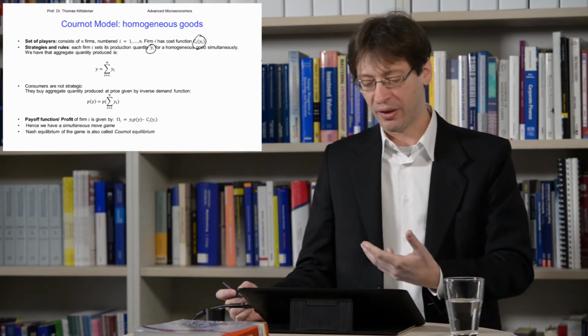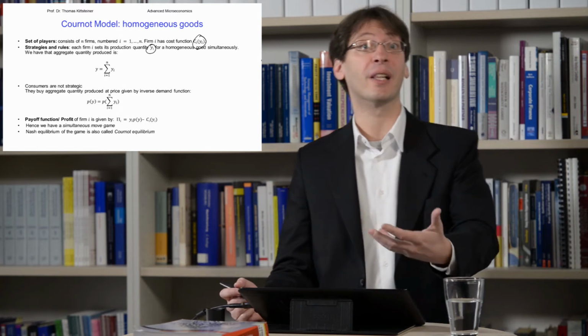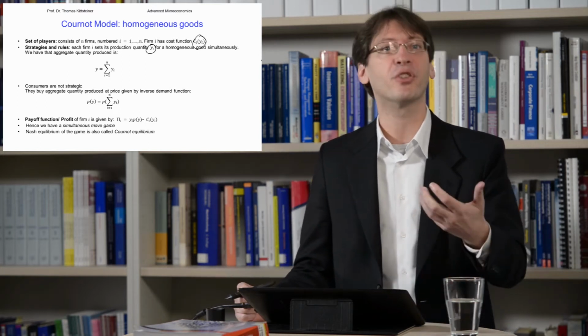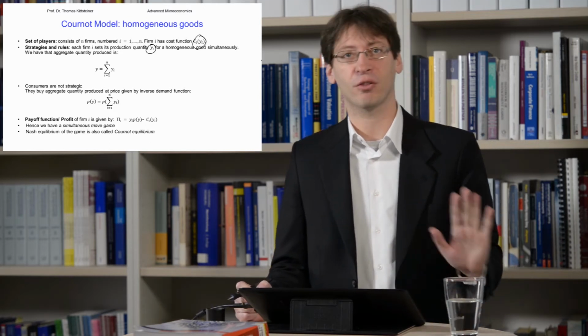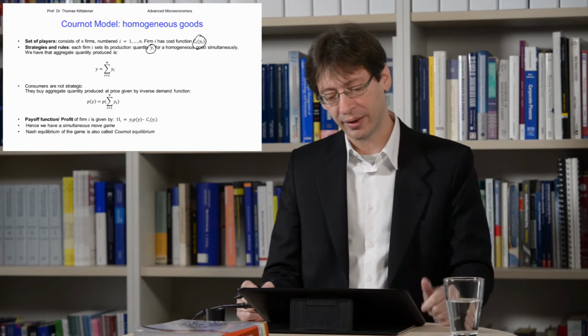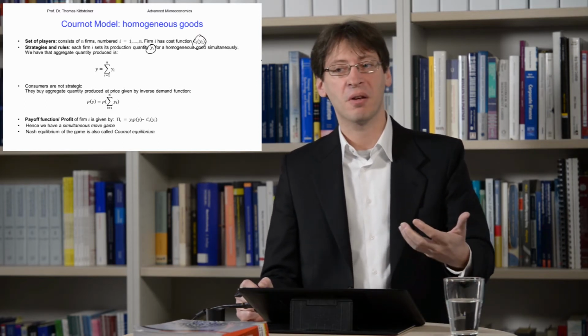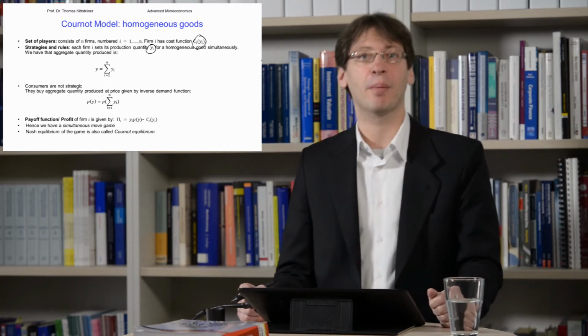You will see that this model, obviously it is a model, so it simplifies real life, but is at the heart of the problem of a firm, as we will see later, who is capacity constrained. I can't explain this right now because we need a little bit more to do that. Think of this right now as firms setting quantities, and later you will see meaningful examples where this game occurs in real life.